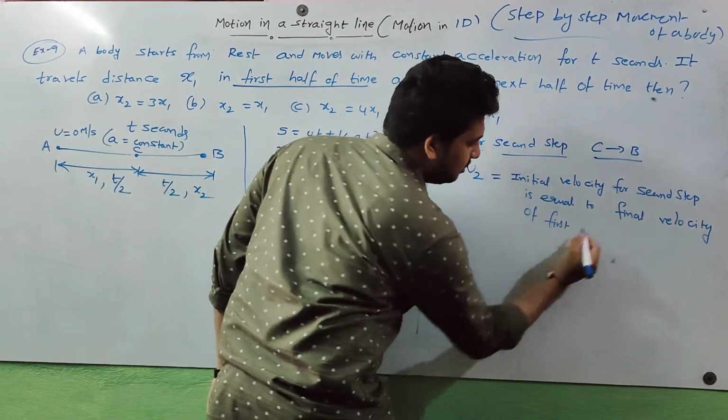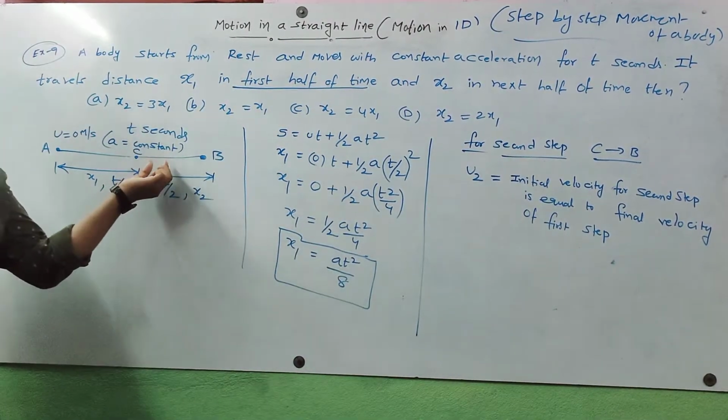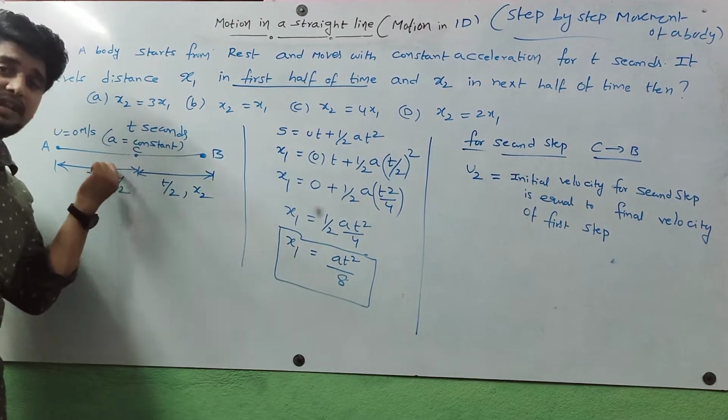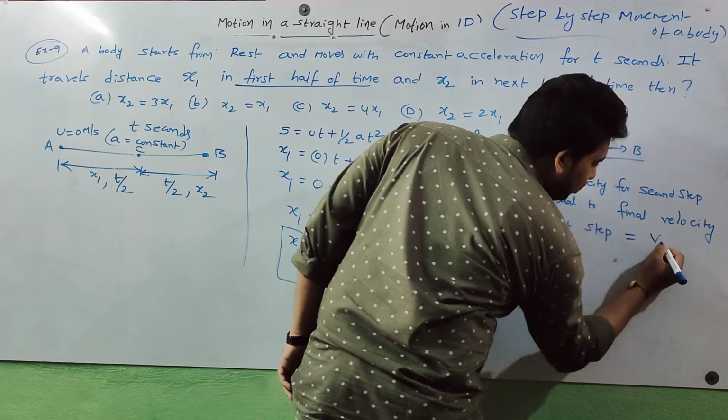This is very important, mark it. The initial velocity for the second step is equal to the final velocity of the first step. That means u2 is equal to v1 here.